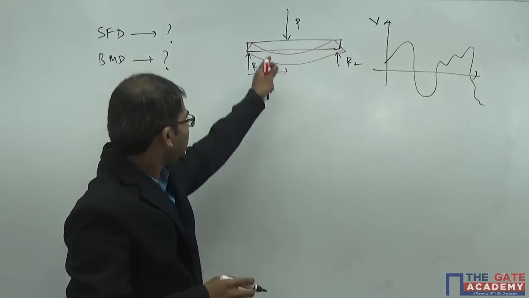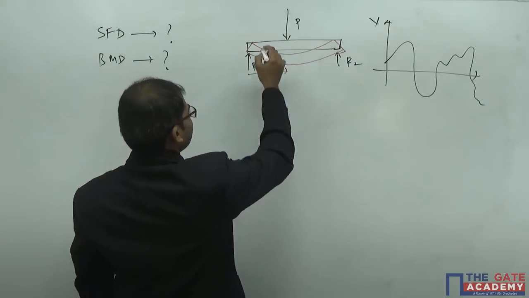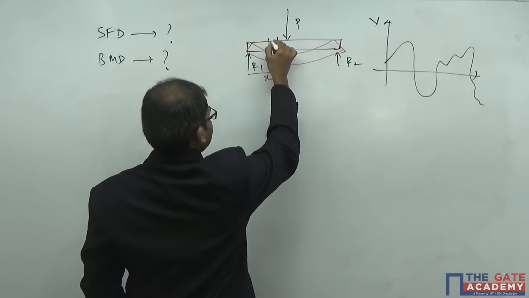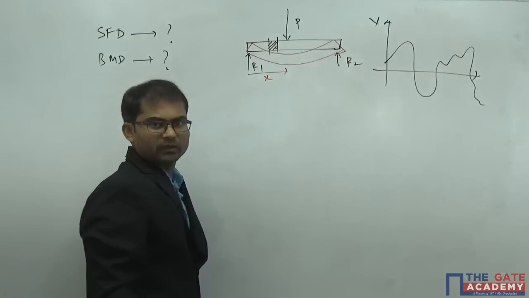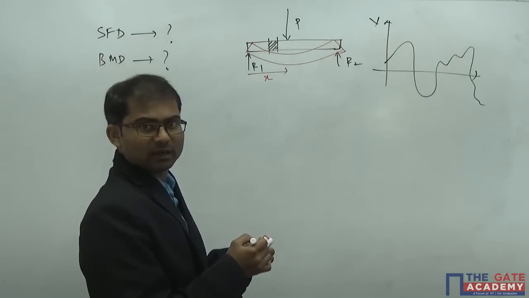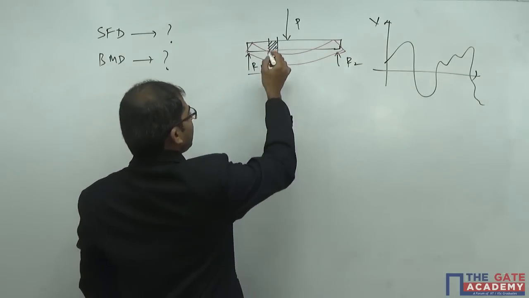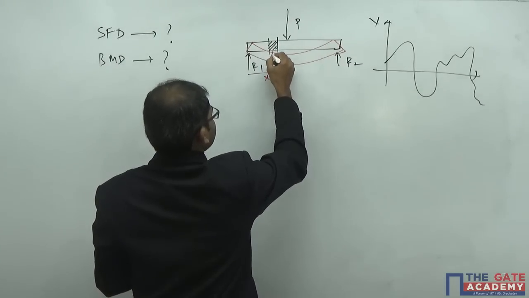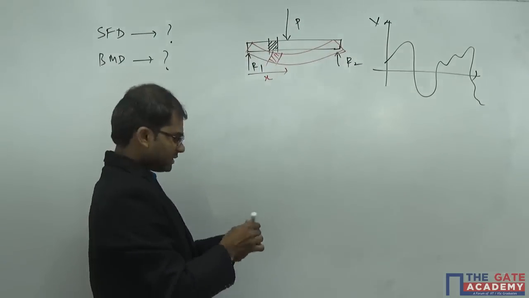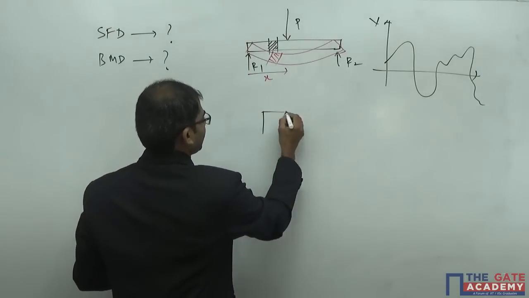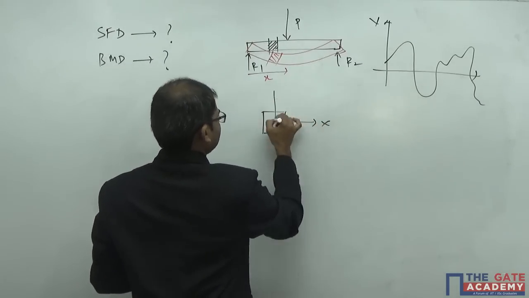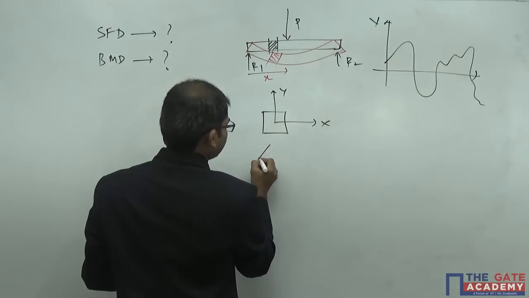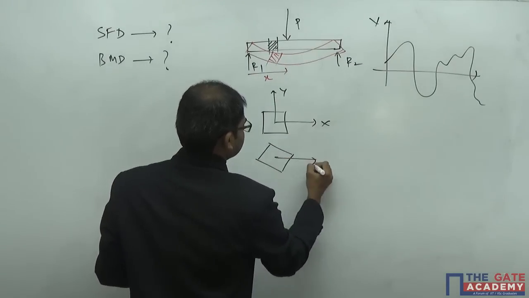In the same way, if you see this diagram here, the element which is here, this shaded part, was like this, but after the application of the load P, it got turned in this direction. It got rotated. That means initially it was horizontal, vertical, but it got rotated by some angle like this.